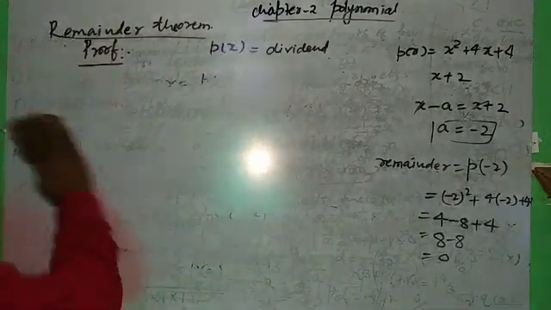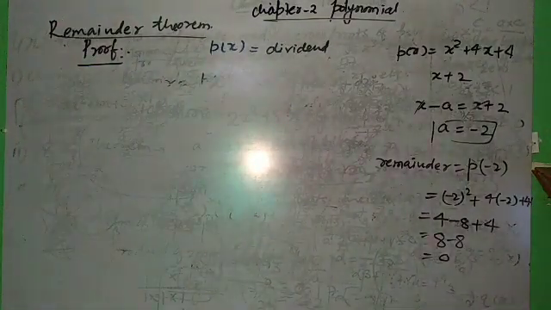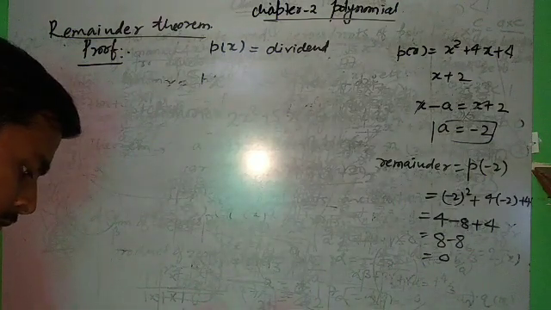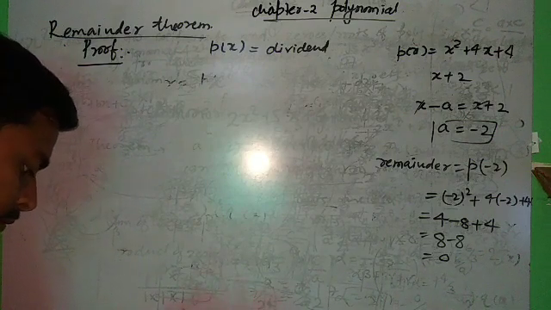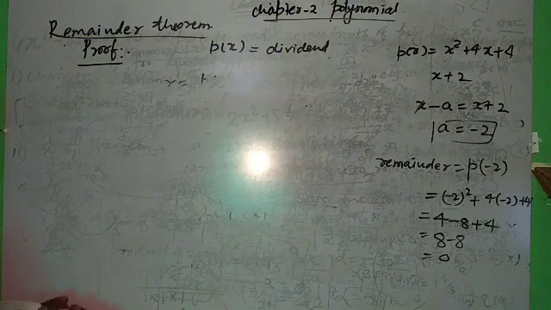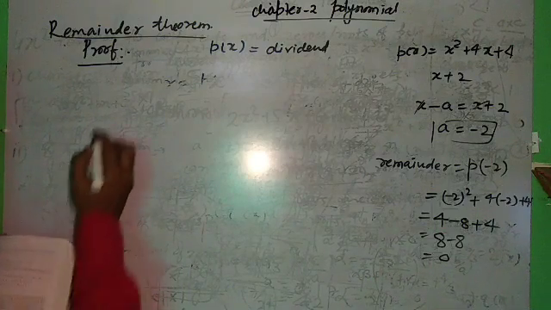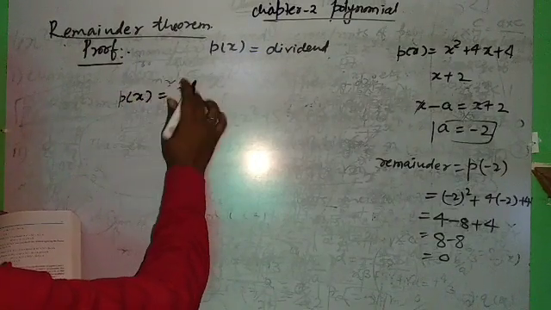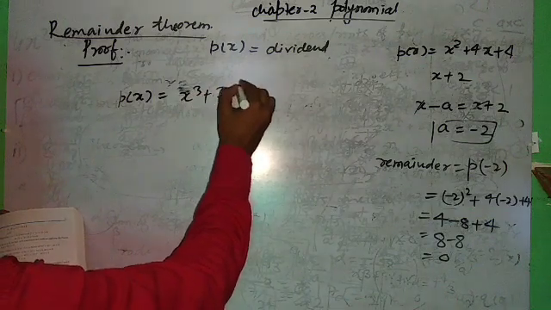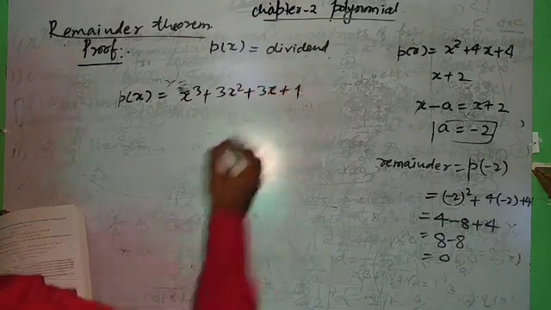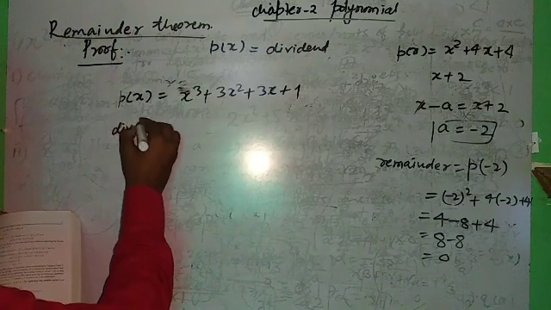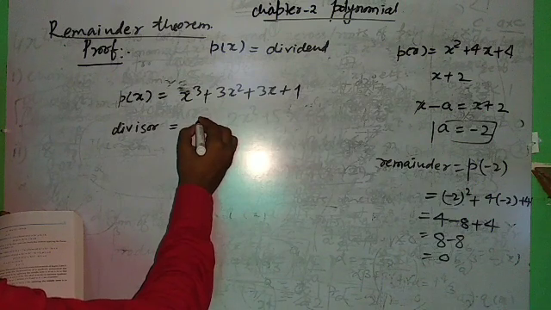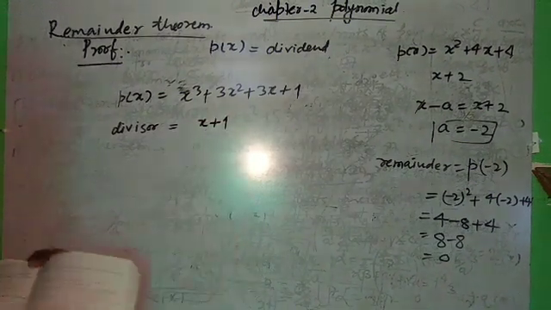And the last example we are taking from the NCERT book. The polynomial P(x) is x cube plus 3x square plus 3x plus 1 and the divisor is x plus 1.